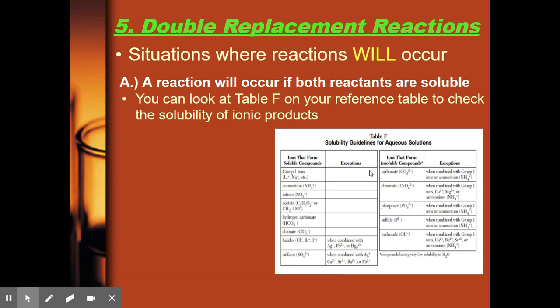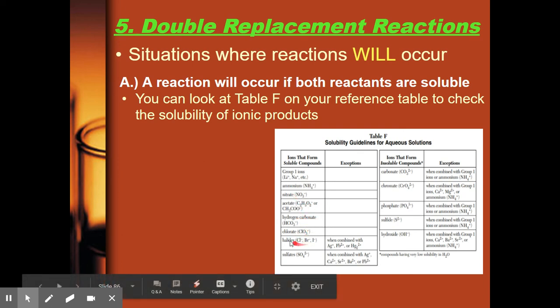Another compound, let's do calcium hydroxide. So you're looking at calcium. Calcium's a group 2 ion, so it's not a group 1. Calcium's not ammonium, not nitrate, not acetate, not hydrogen carbonate, not chlorate, not a halide, not sulfate. So calcium can't be found here. Can calcium be found over here? Nope. Now I said hydroxide.